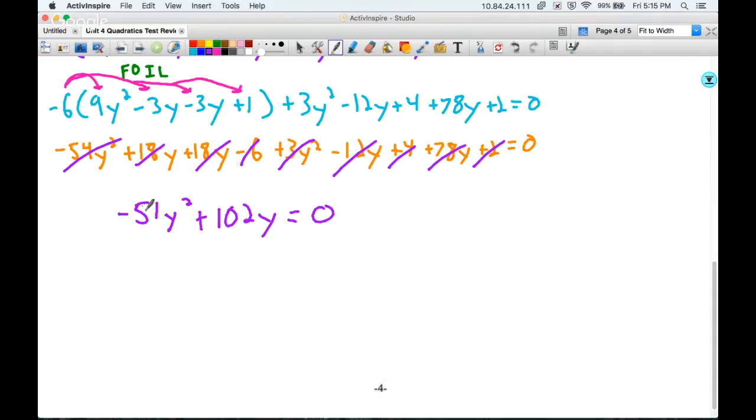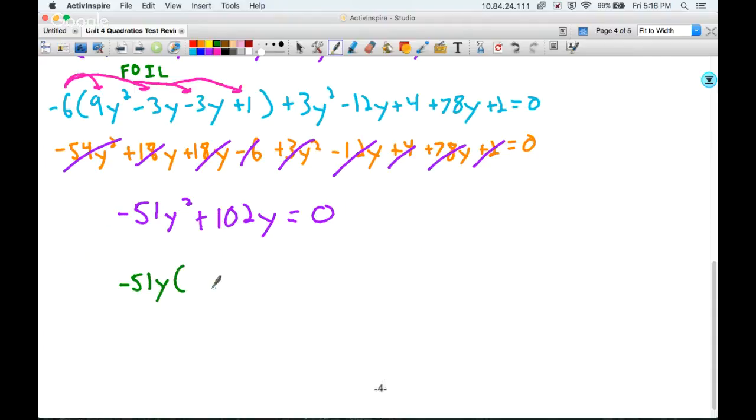All right, now without a C term, this becomes a lot easier to factor. Do you see what the greatest common factor is? 51. We can pull out a 51. How about a negative 51? And what do they both have? This has 2 y's, this has 1 y, so they both have a y.